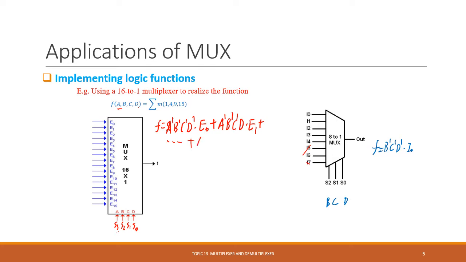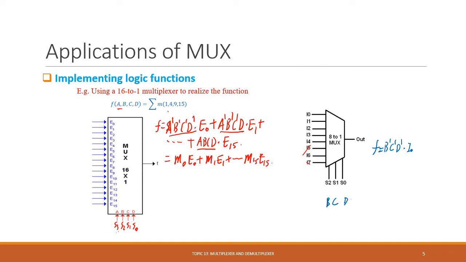So the last one would be A, B, C, D, E15. So actually we can tell that the select inputs now form the minterms of this function. So we can rewrite this as M0 E0, M1 E1 until M15 E15.